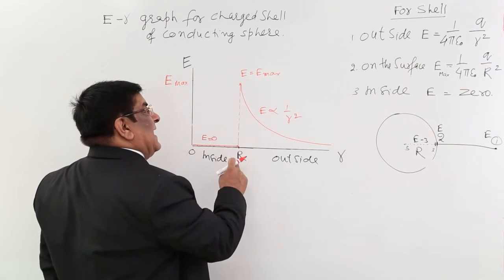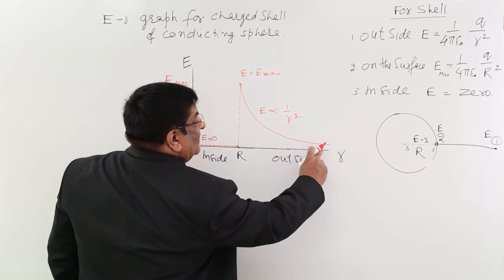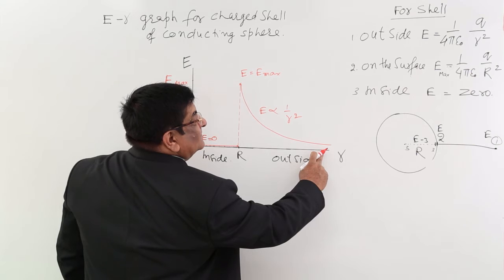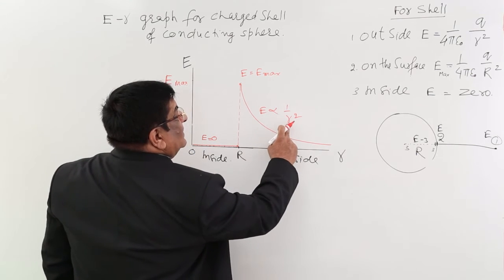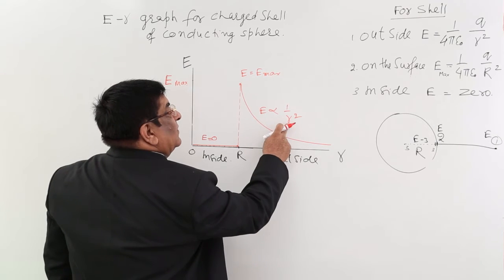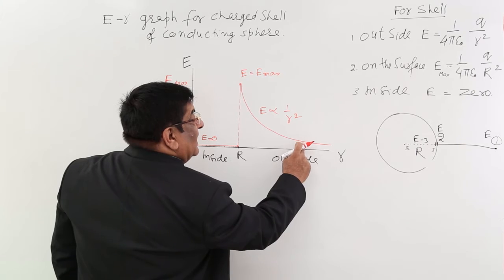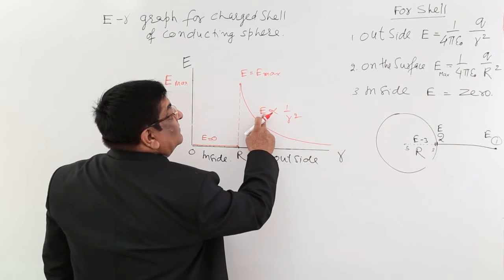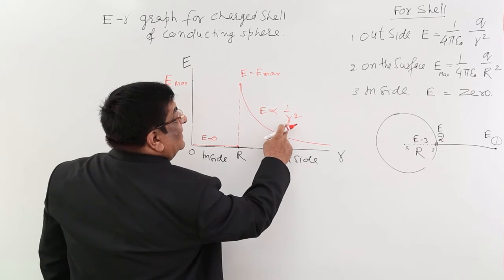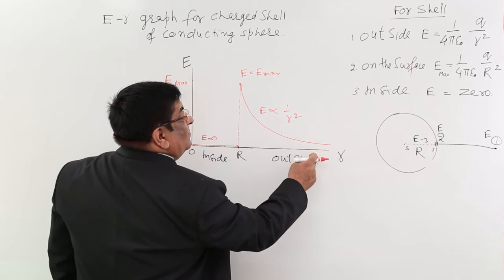So remember certain things: this line is basically nothing, so you can make it dashed or continuous, just remember. And this line, never make it parallel to this, because as r goes on increasing, E goes on decreasing; r will go to infinity, then only E will be 0. So this line will never touch this. E is never 0. And r may go to infinity, but these two will never be parallel.